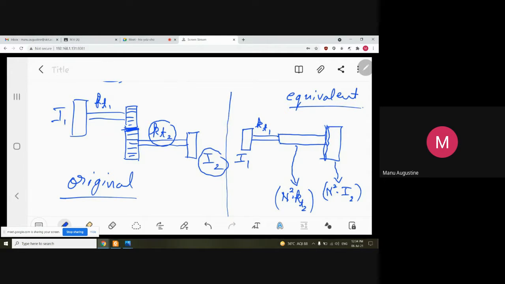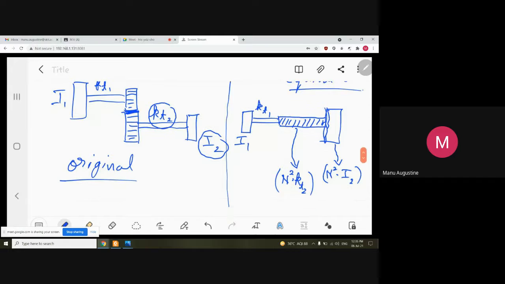Now, as you can see, in the original system there are two gears, and in the equivalent system we have conveniently eliminated the gears. As a compensation, you have to convert the shaft that was on the driven side into an equivalent shaft with the torsional stiffness equal to n square times kt2.